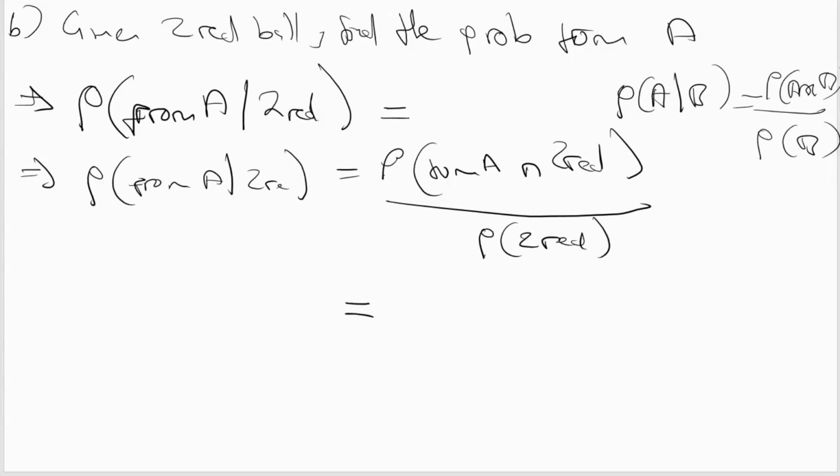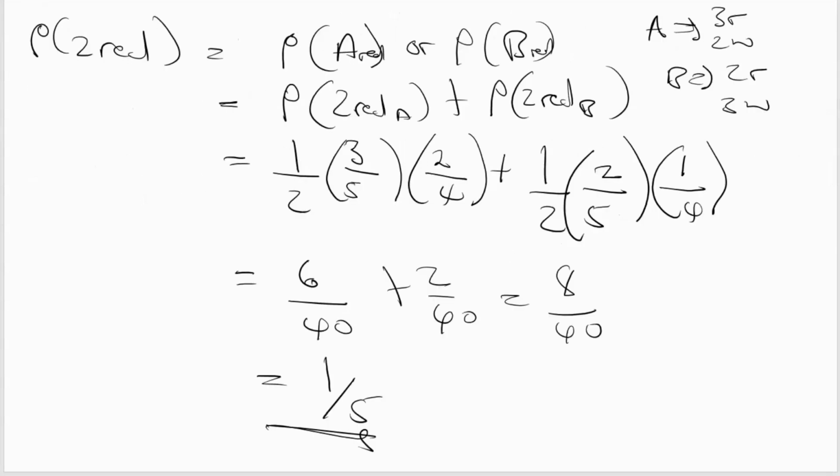But there is something that we already did in the previous question. In this question, we found that the probability that the 2 red balls are from A is just this part, right?